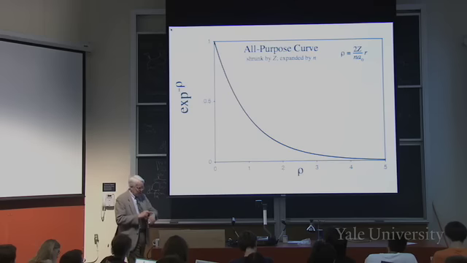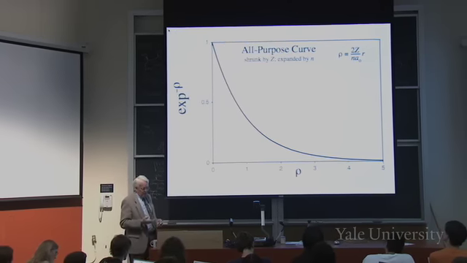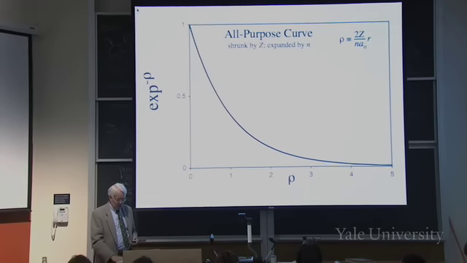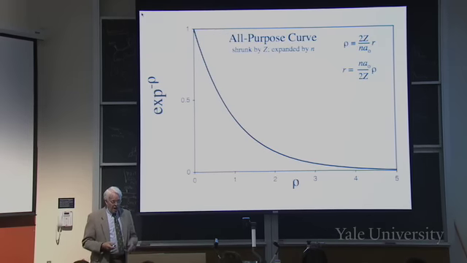Okay, now let's just look at this scaling quickly. So here's e to the minus rho as a function of rho. Now we can rearrange this: r is that.